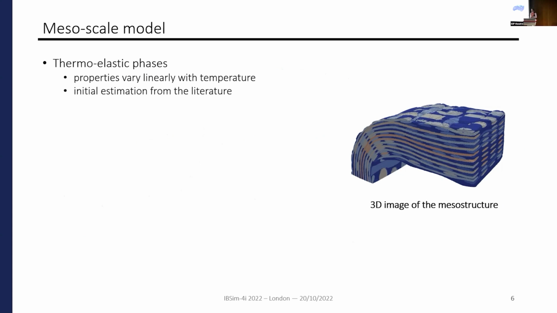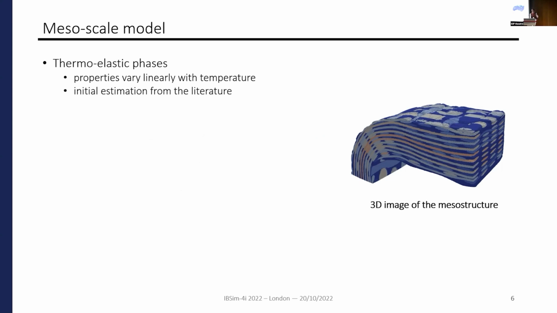And so I studied the behavior of the material only in thermoelasticity. We make the assumption that each phase is thermoelastic, and that their properties vary linearly with temperature. In fact, those variations are very low on the range of temperature that has been in use. So a linear approximation is quite good.